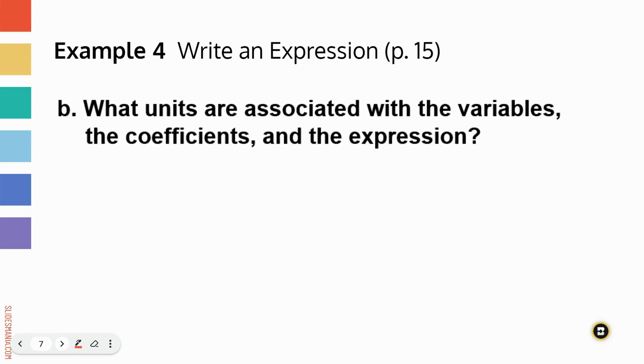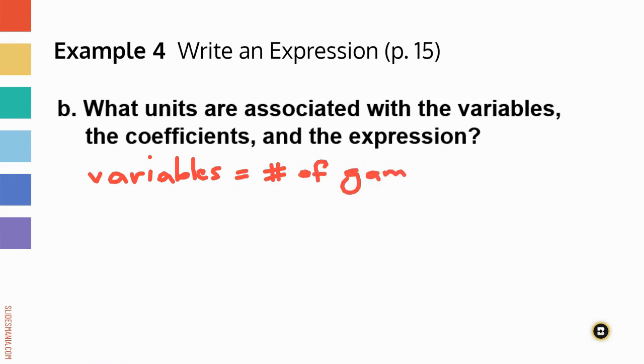So variables equal number of games. And then the coefficients, those are the numbers that are in front of the variables. So we have 3, which is how many points we get for a win, 1, which is how many points we get for a tie, and then 0, which is how many points we get for a loss. So those are the number of points per game.